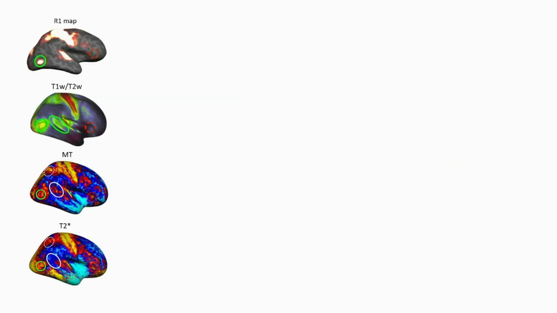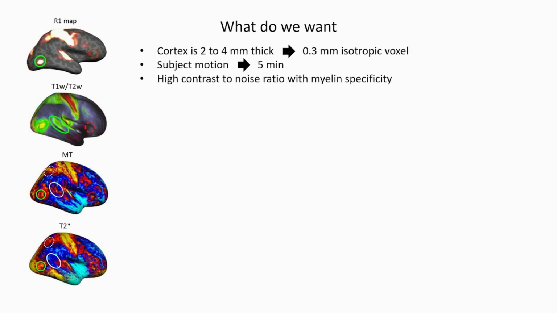So now we have the technology, but it is not complete. What we really want for this type of cortical myelin imaging, or myeloarchitecture imaging, the important thing is really the resolution. Cortex is only 2 to 4 millimeters wide.